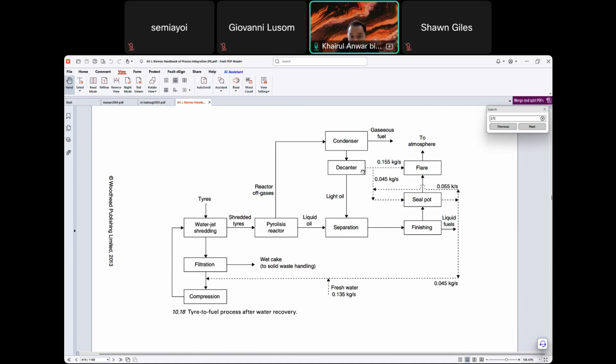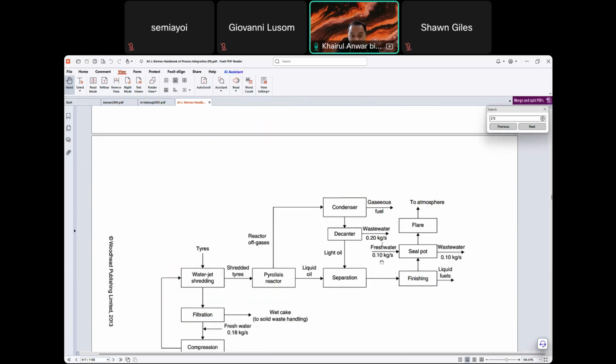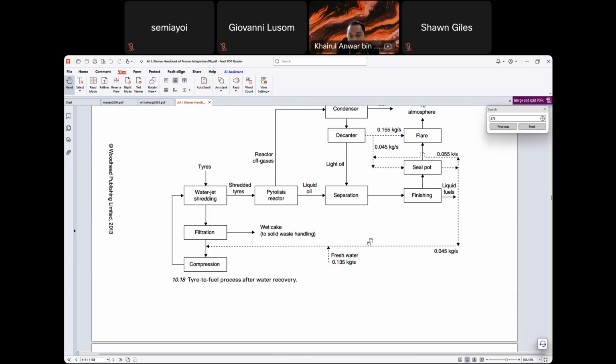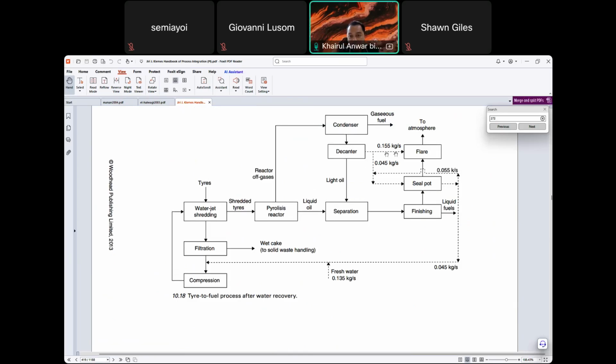So from here, decanter is here. Here the wastewater is going to the wastewater treatment. For this case, the decanter goes to the clay.